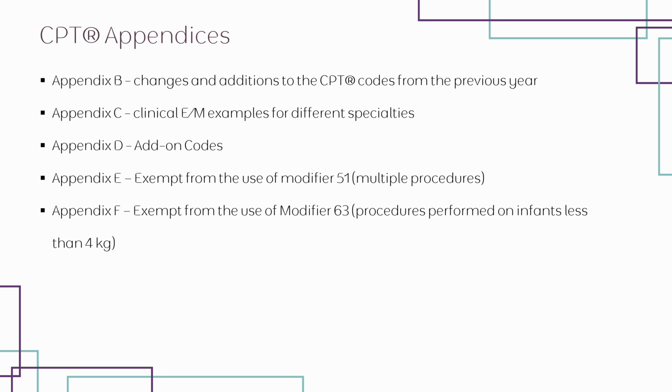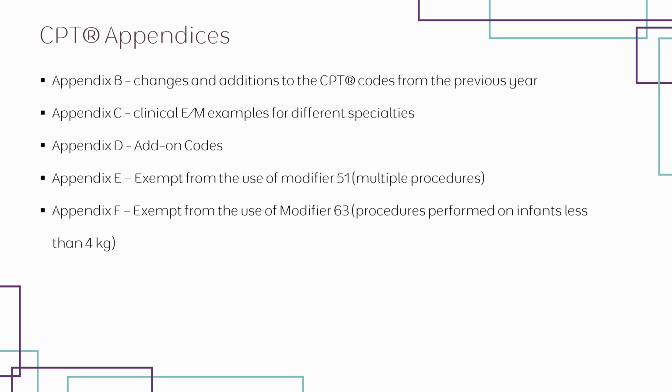Next, we look at Appendix D. This is a summary of CPT codes that are not reported as single or standalone codes. These codes listed in this appendix are identified throughout the CPT codebook by the plus sign, which will indicate your add-on codes. These codes will always require a primary procedure in order to be reported.